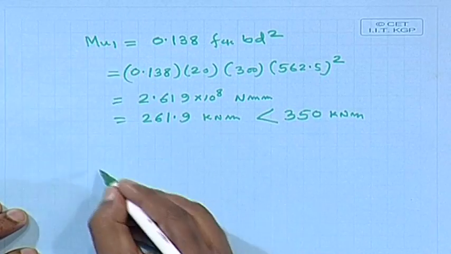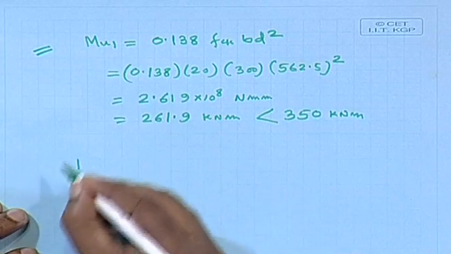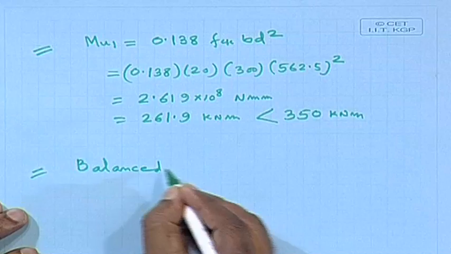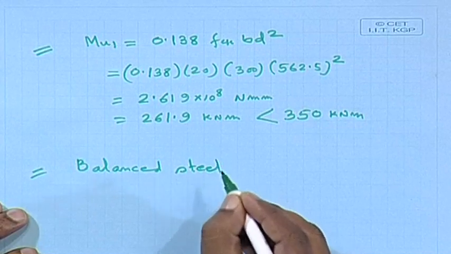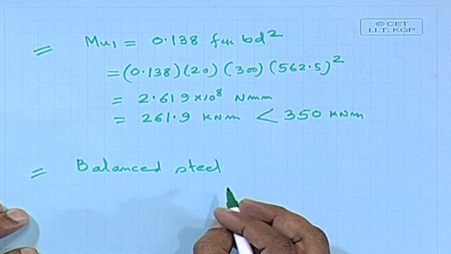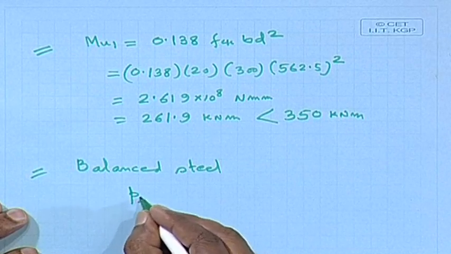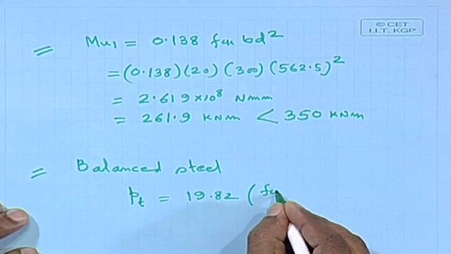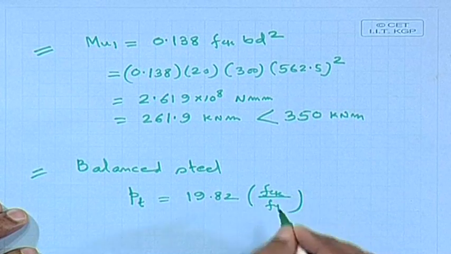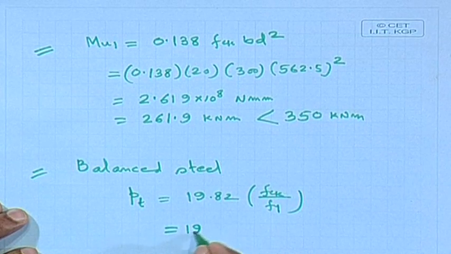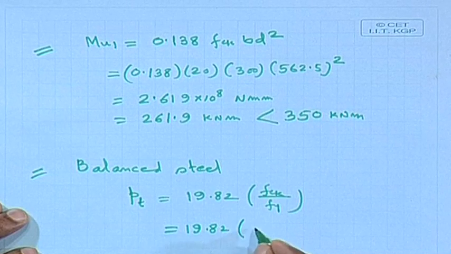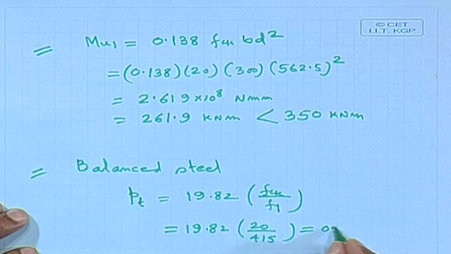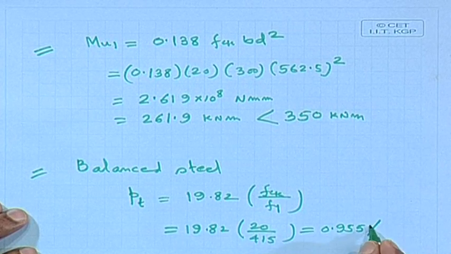What about balanced steel? You can start with the first principle. Instead of that, I am using Pt equal to 19.82 fck by fy, equals 19.82 times 20 by 415, which comes as 0.955%.